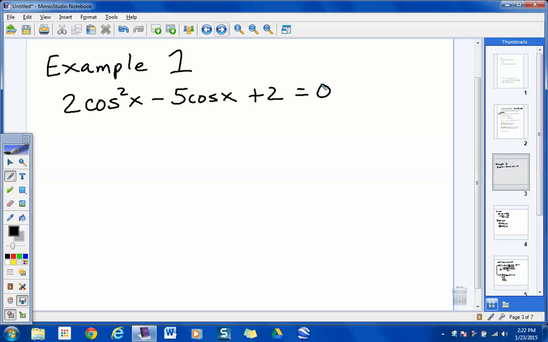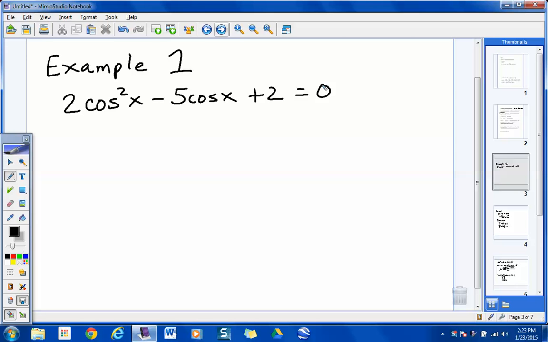Okay, here's the deal. When you're working with these, your first goal is to try and get your equation written in terms of one trig function. In other words, just cosine, just sine, just tangent, whatever it is. As I look through this, I've got some cosines here and some cosines here. Are those trig functions exactly the same? They are, right?